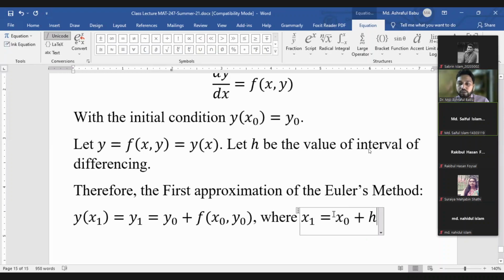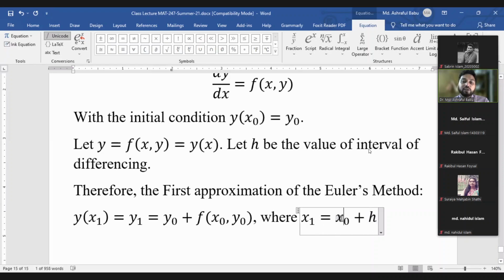That is, x1 minus x0 equal to h. So h is the equal interval. If you make a list of the domain x0, x1, x2, x3, h is the difference between x0 and x1, x1 and x2, x2 and x3. So that is how we can calculate.